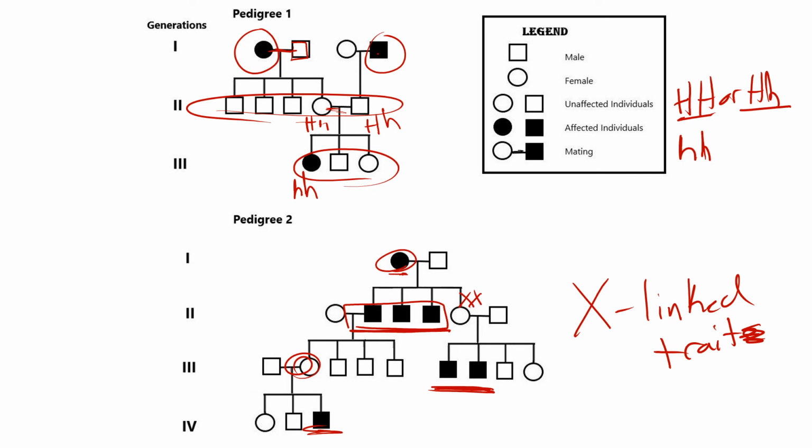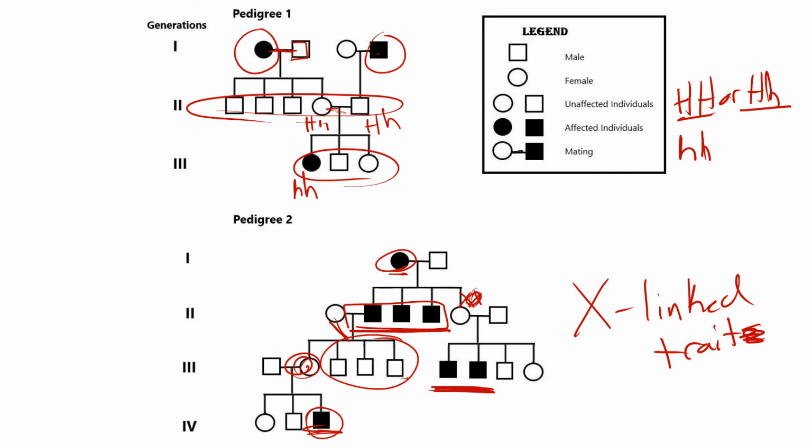But because she had the 1 X chromosome that was a carrier, she still passed it on to her sons. This young man had the X chromosome, but his sons got their X chromosome from their unaffected mom here. However, his daughter got that affected X chromosome from him, but she also got an unaffected one from her mom, so from the grandmother there. And then that trait's down here.